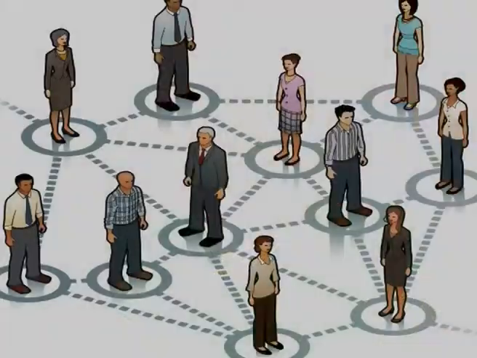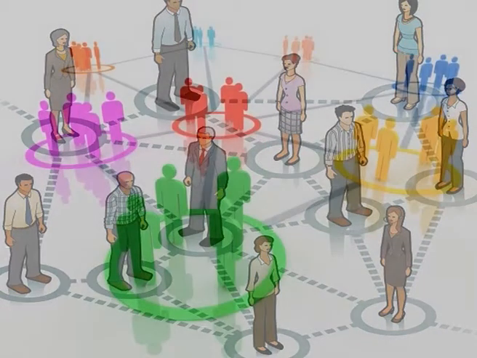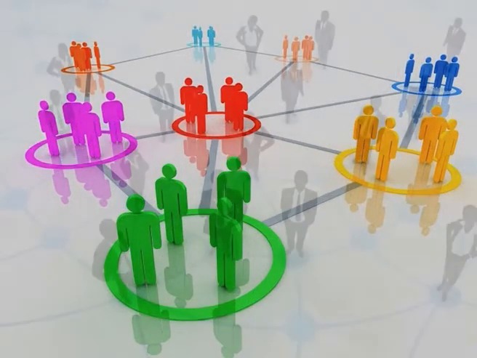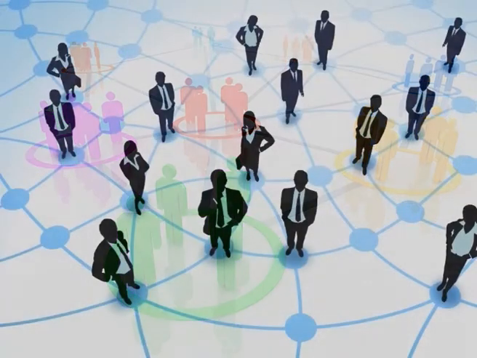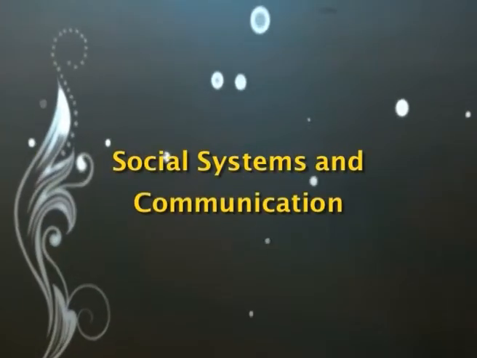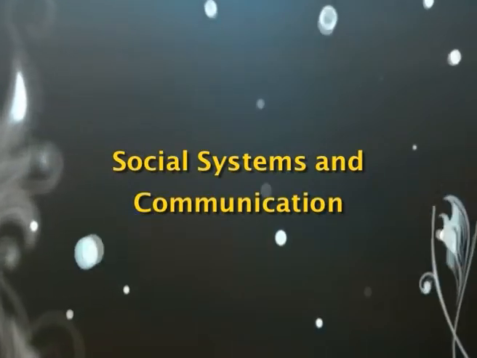So, we are essentially looking at communication as a process in a social context. Communication in the backdrop of a social system. Communication as part of social relationships. When we talk in terms of communication as being part of a social system, what are we actually referring to?